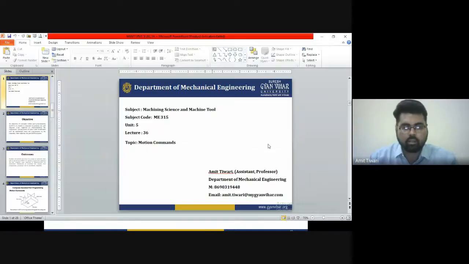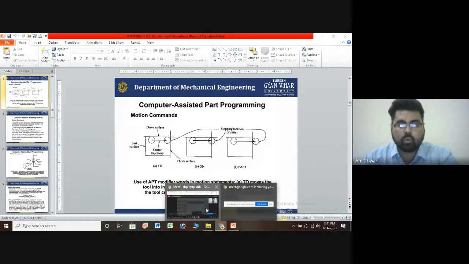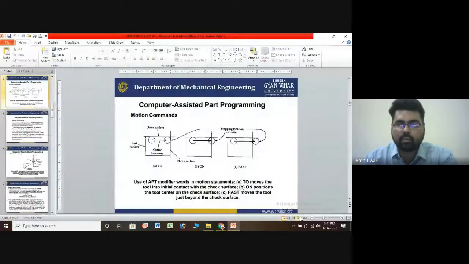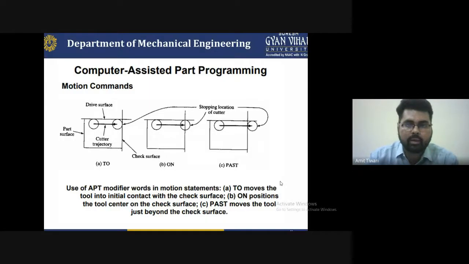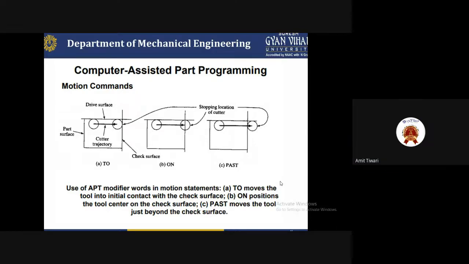But for quality service, with good machinery and good infrastructure, you have to manage the quality with respect to the surface trajectory, that is, stopping the location of the cutter, or simply to remove the motion or make initial contact with the check surface. The check surface is basically to check whether any command is operating and functioning or not, and to make some improvement.